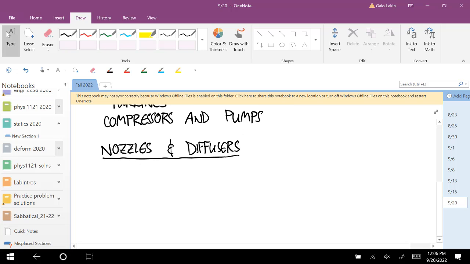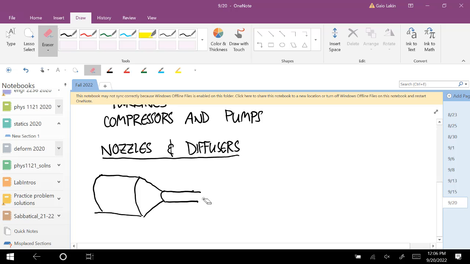So they're similar, they just sort of run backwards. So a nozzle looks like this. You're going from a big cross-sectional area to a small one, if the flow is this way.